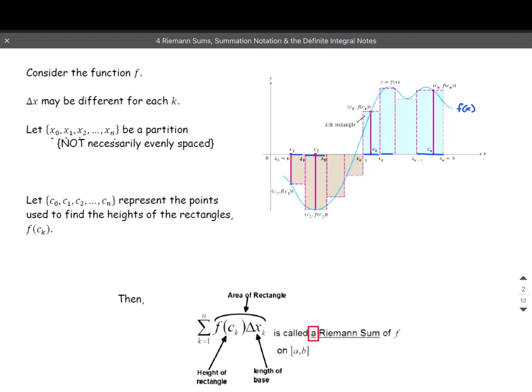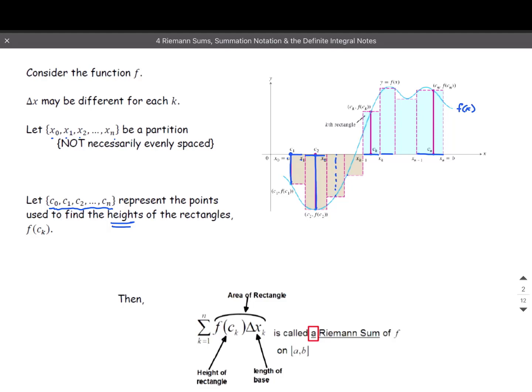Now, the c values here are also x values, but these are the x values we're going to use to find the heights of the rectangles. You can see in the first rectangle, the left endpoint was used. In the second rectangle, it looks like the midpoint was used to find the height. It might be the midpoint in the third one also.